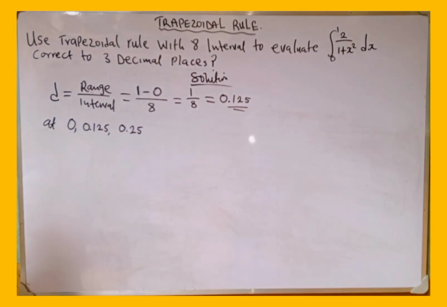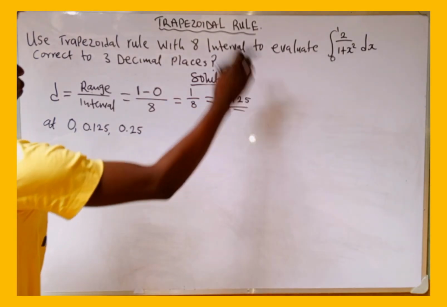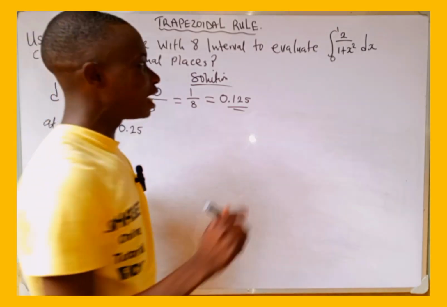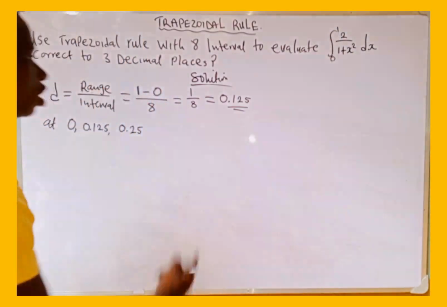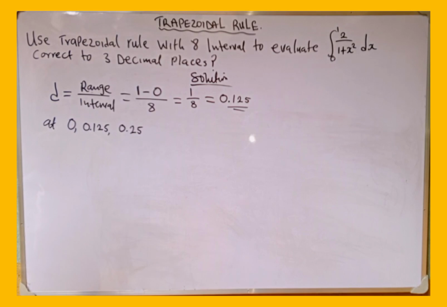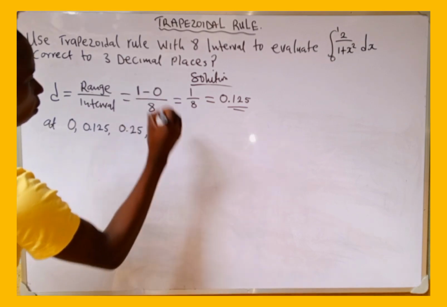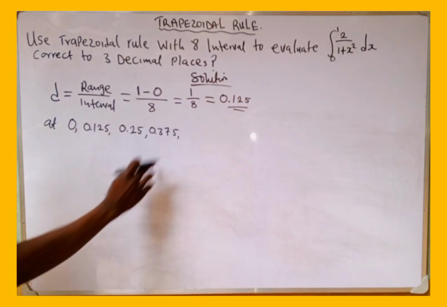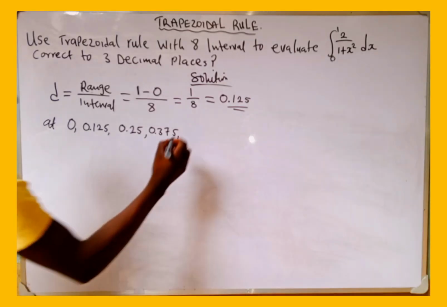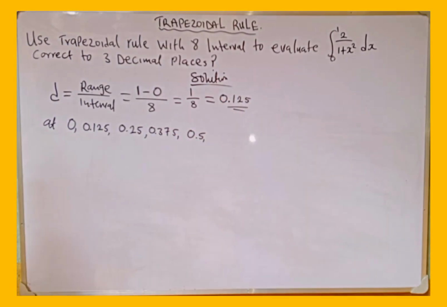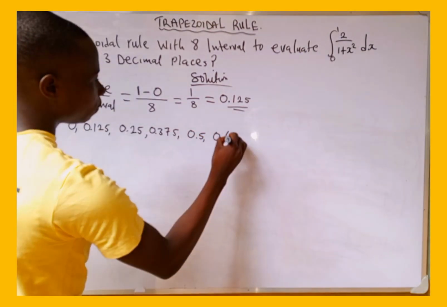0.25. So the next thing, we are going to add 0.125 to 0.25. You'll be adding, continue adding until we reach the upper limit. If you add to this 0.25, it's going to give us 0.375, comma. Also add, this is going to give us 0.5, and also add 0.5 to 0.125, it is going to give us 0.625.